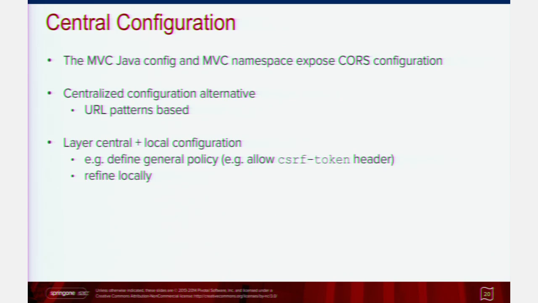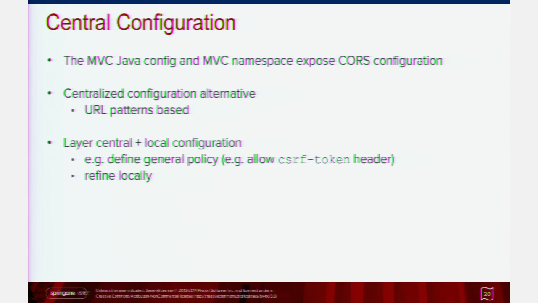So we have a central configuration option, just like with filters, but it's configured inside Spring MVC, and that's built into the MVC Java config and the MVC namespace. So if you're using those, you can easily add some URL patterns to begin with for central configuration, and that's URL pattern based.